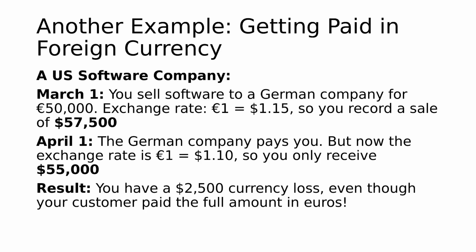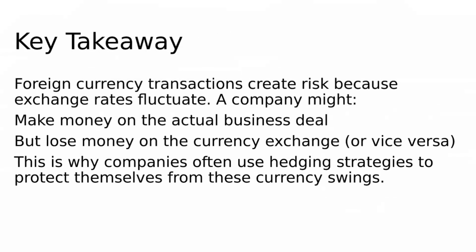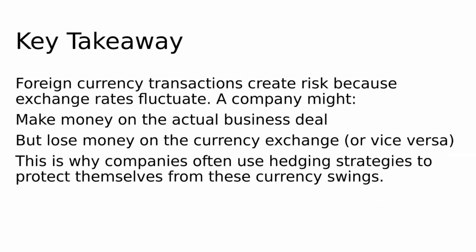Even though your customer paid every euro they owed, you end up with a $2,500 loss because of the weaker euro. This highlights how timing and exchange rate changes can affect not just what you pay, but also what you earn.